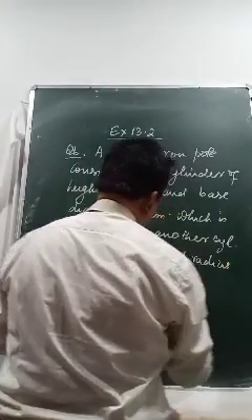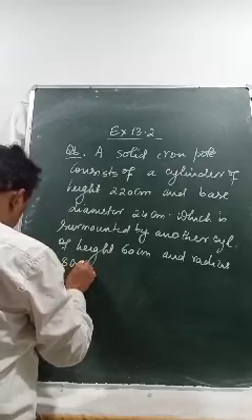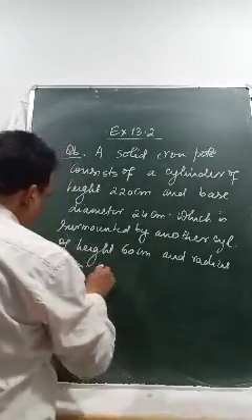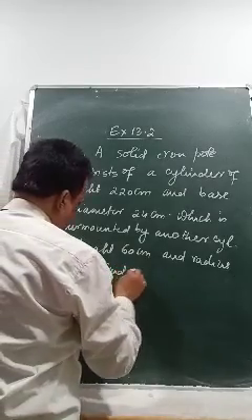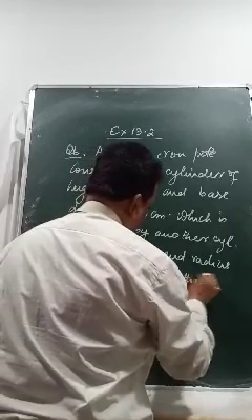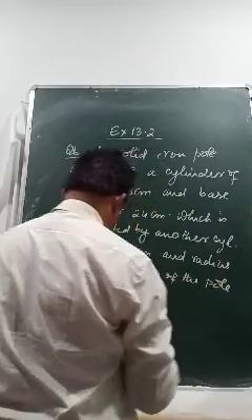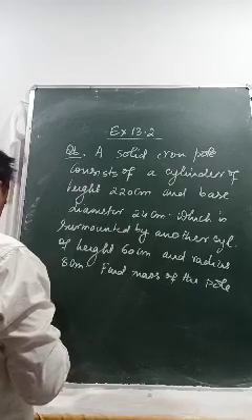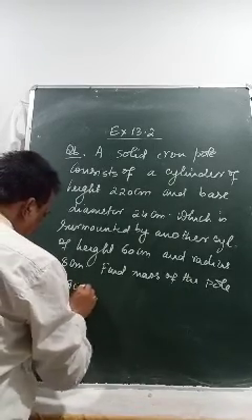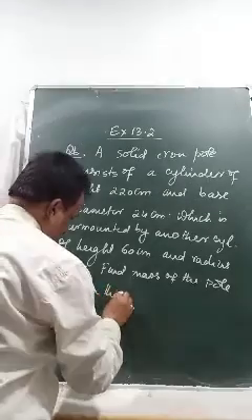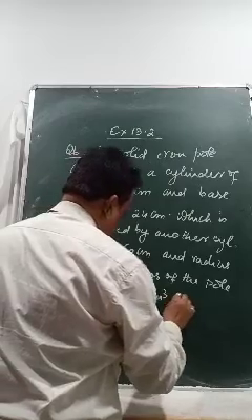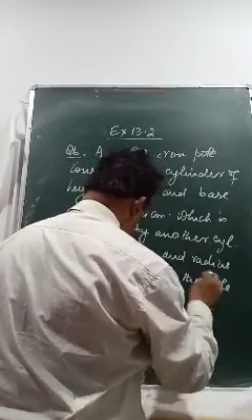Find mass of the pole. Given that 1 centimeter cube is equal to 8 grams.